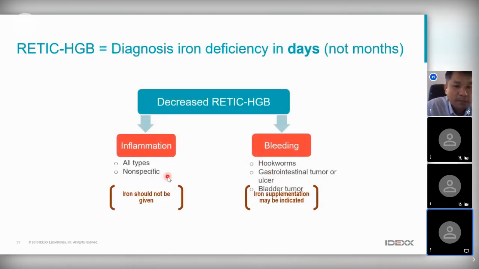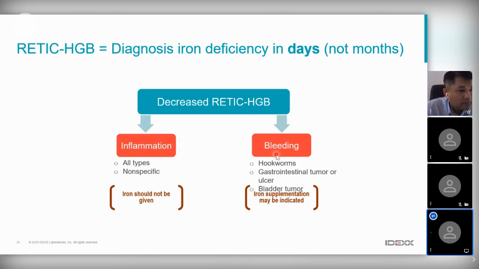Ok. So then we have this thing that the decreased retic hemoglobin, as we discussed, could be some sort of inflammation, some foreign particle that is leading them to get decreased, and that could serve as the primary source of inflammation that is a non-specific one.